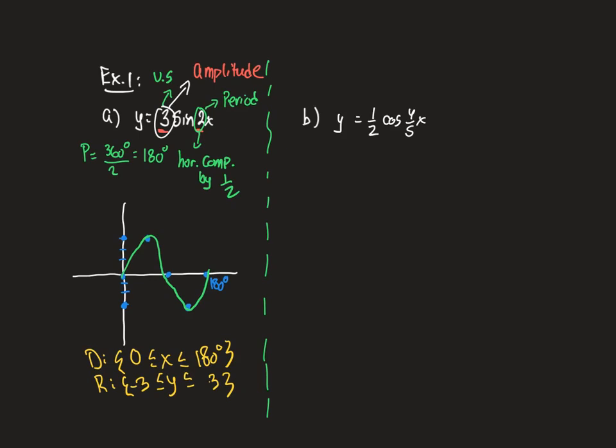At 45 degrees. Now, why am I going in 45s? Well, that's just 180 divided by 4. So you usually want to go by 180 divided by 4 in that case, because that basically means you're going by 45s, because you want to get yourself some nice equal increments here.